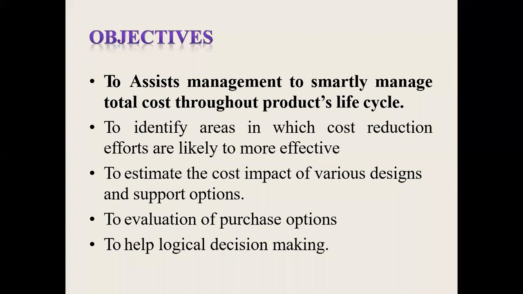Then, to identify the areas in which cost reduction efforts are likely to be most effective. So where you can reduce the cost, finding out those areas is one of the important tasks when you are looking at the life cycle cost.